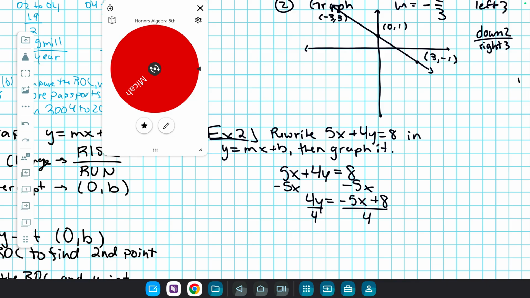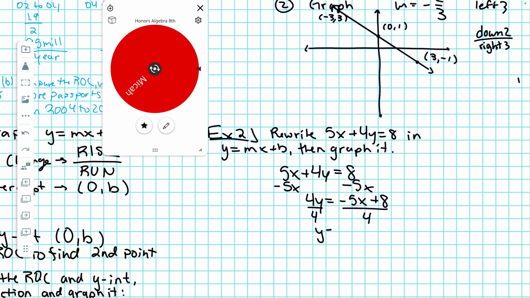Okay, would you multiply both sides? Oh, sorry. Let me write it like this first. So it's negative 5x plus 8 over 4. So we've got the y by itself. How am I going to simplify it? How am I going to rewrite this to make it look like that?